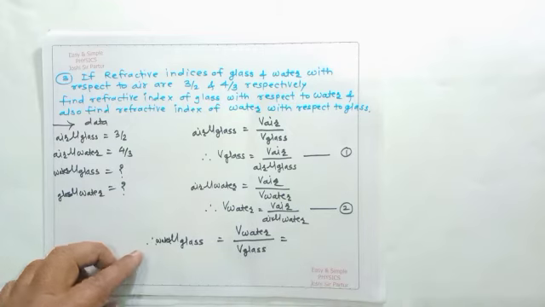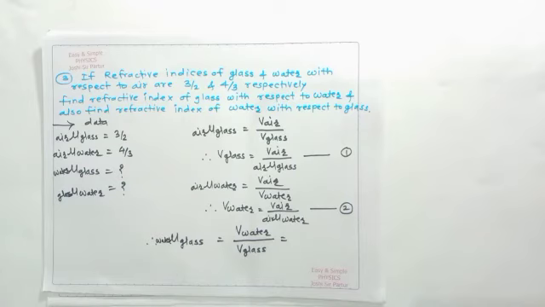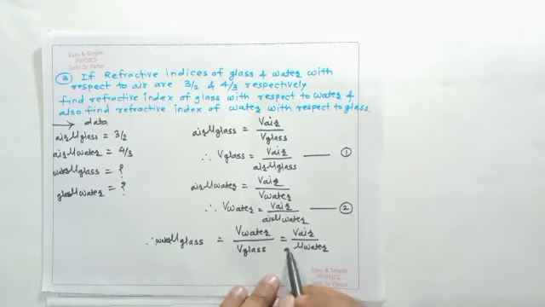Using equation 2, the velocity of light in water is the velocity of light in air divided by mu of water with respect to air. From equation 1, the velocity of light in glass is the velocity of light in air divided by mu for glass with respect to air.